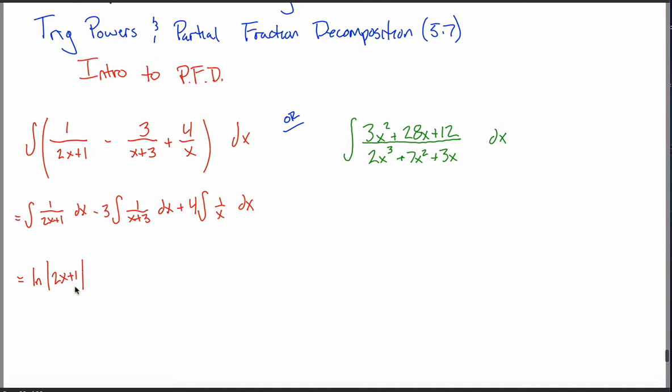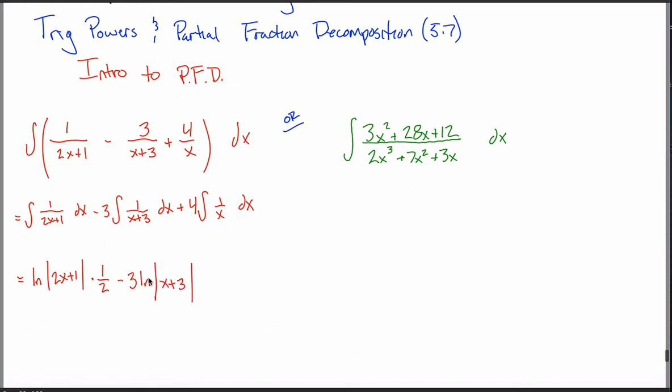I'd have to take the derivative of the inside part, chain rule, and the derivative of 2x plus 1 is just 2. So if I were taking the derivative of this, I'd get almost exactly what you see here, except with an extra 2. And I don't want that extra 2, so I better multiply this thing by 1/2 so I don't have that extra 2 when I take the derivative. Similarly up here, I could say that the derivative of the second term, leaving the negative 3 constant out in front, is almost, in this term it's going to be exactly, the natural log of x plus 3.